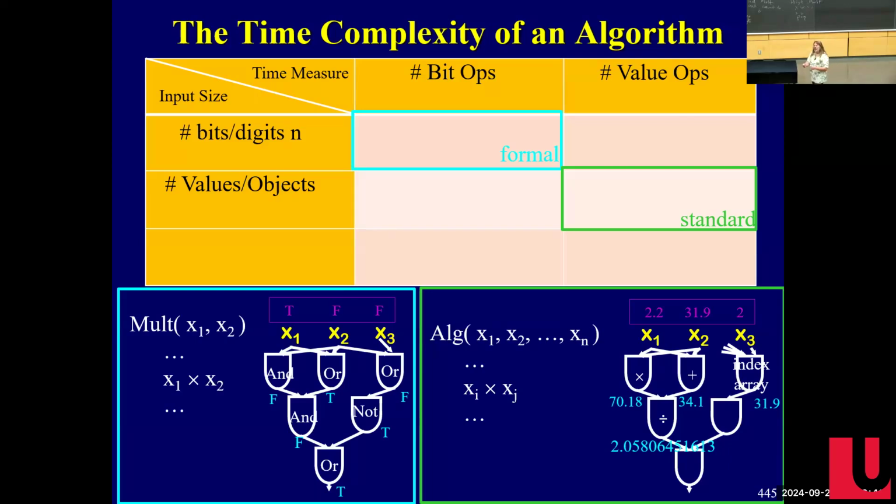And my numbers are of size n, so they have log n bits. And when I do a multiplication, maybe it will take me log squared, right? So the chances are the difference between these two models is a bunch of log factors that we ultimately don't really care about, right?